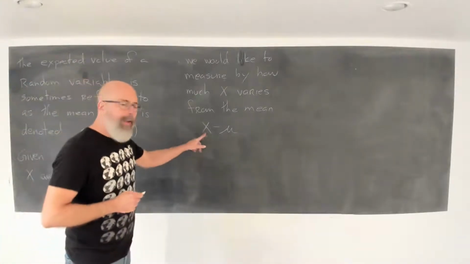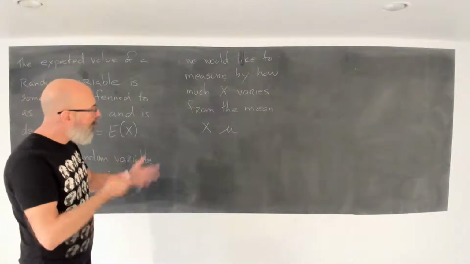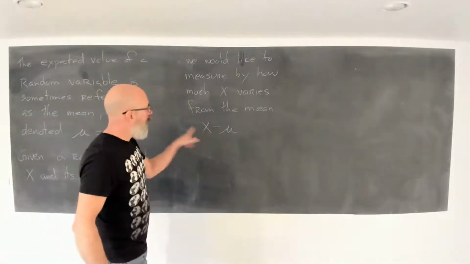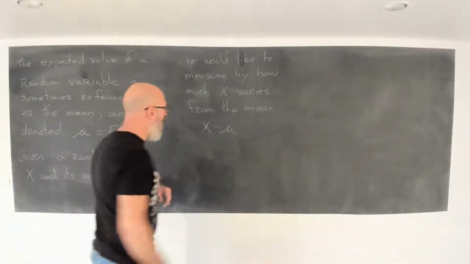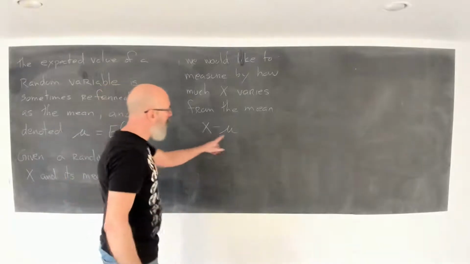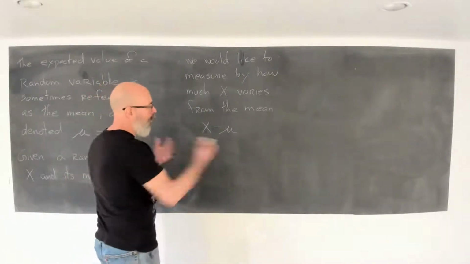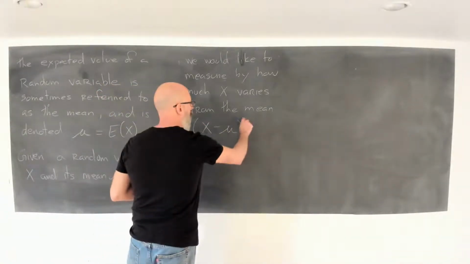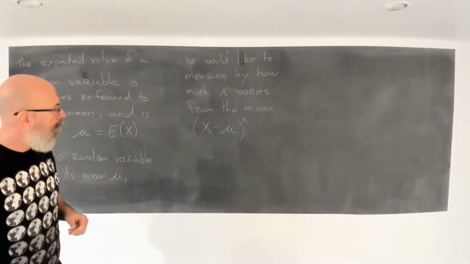But as you know, x can take on different values, so we want to go through those values. And this could be positive or negative depending on what values x takes on, right? Some may be less than the average, others may be more. So we don't want negative and positive values. We'll make everything positive by taking the square.